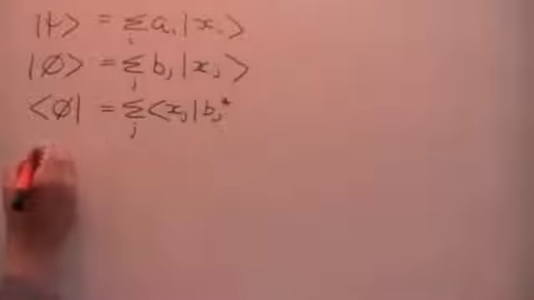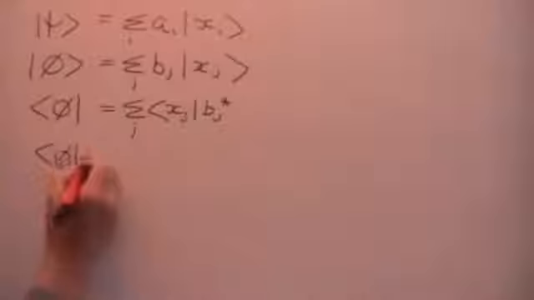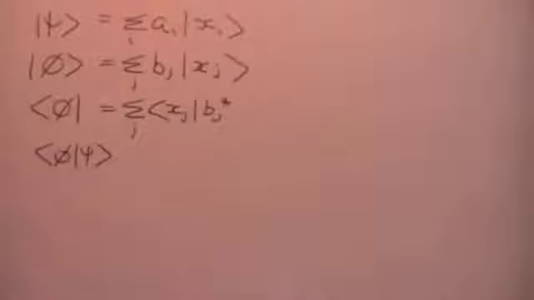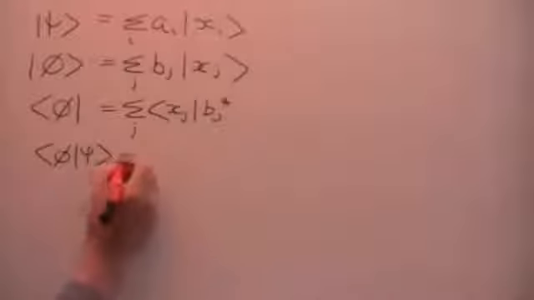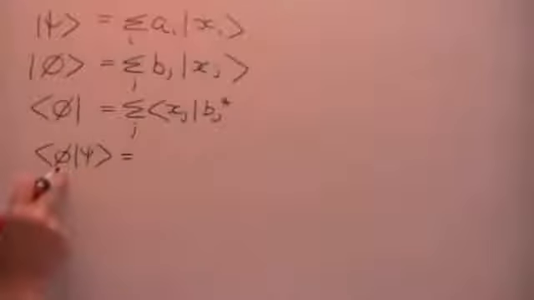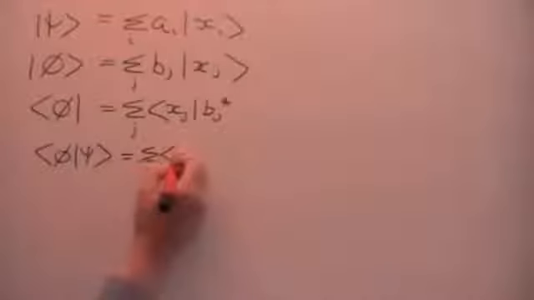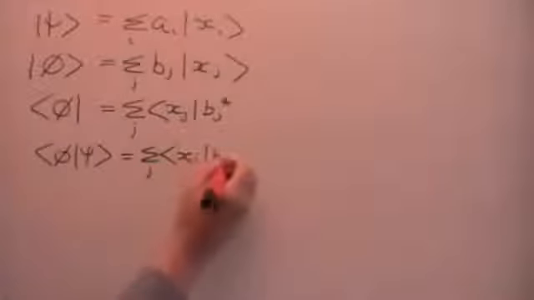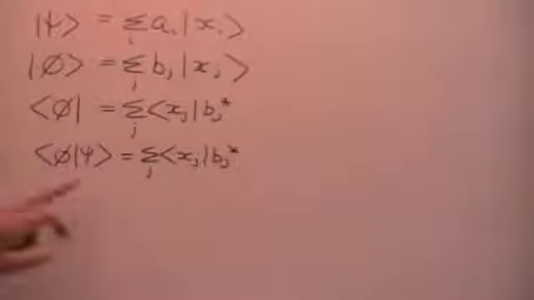So now I want to ask myself, what is this beast? The inner product of phi with psi is going to be, well, first we need the bra vector of phi, which is this term here, sigma j, xj, bj star, times the ket vector of psi, which is this term here.